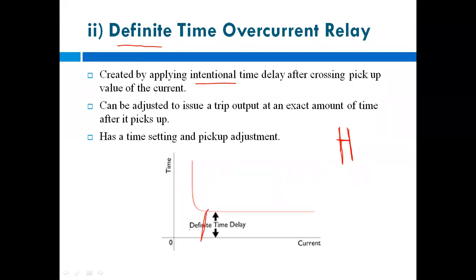That's why it is called the definite time overcurrent relay, or definite time delay is provided here. A fixed time delay is provided for these relays. Therefore, it is called the definite time overcurrent relay. So draw this graph so that you will understand what is meant by the definite time overcurrent relay.